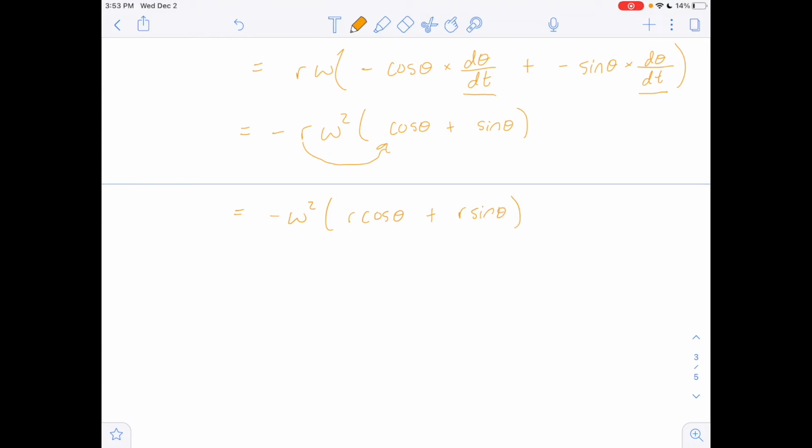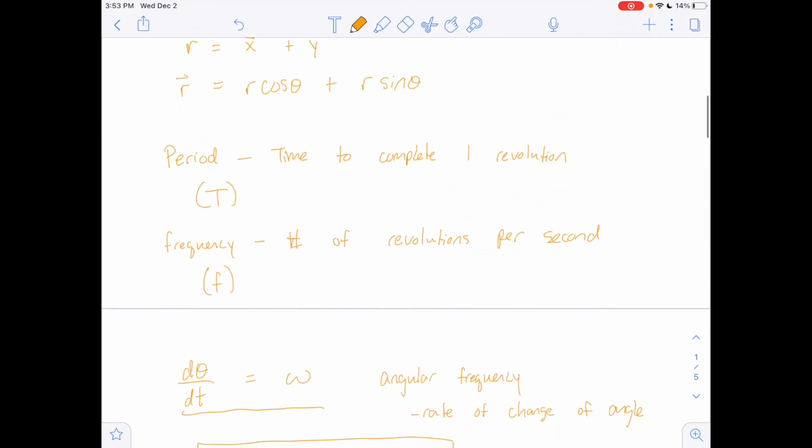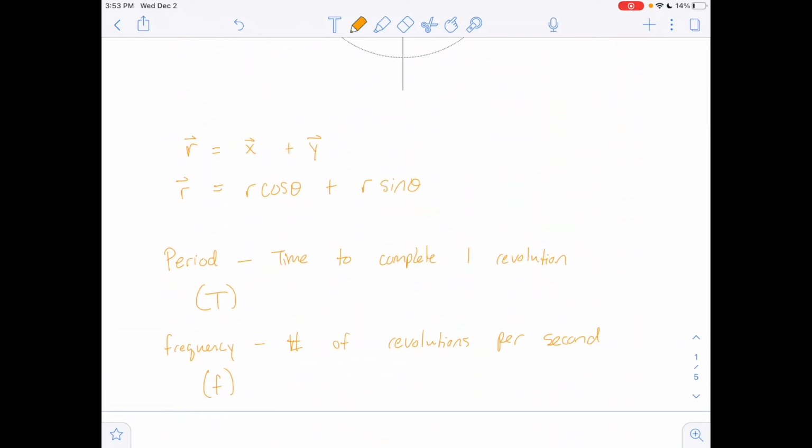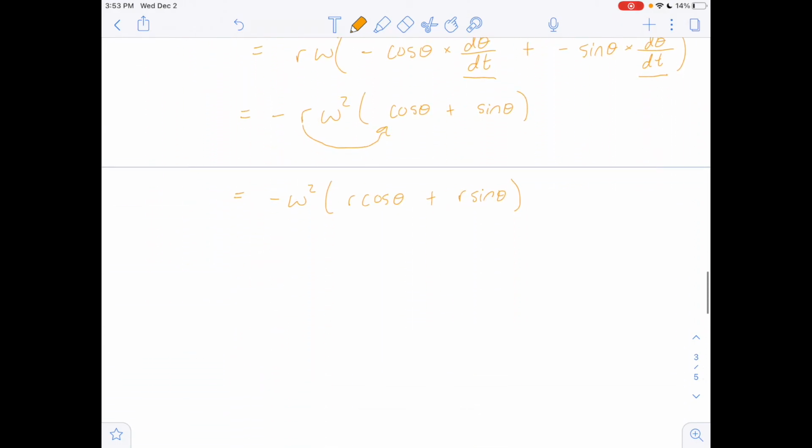And if we go all the way back to the beginning of this derivation, we have r is equal to r cosine theta plus r sine theta, the position, the vector r. So we can replace that with the vector r. And so what we end up with is acceleration is equal to a negative omega squared times the vector r. And this is the vector acceleration.